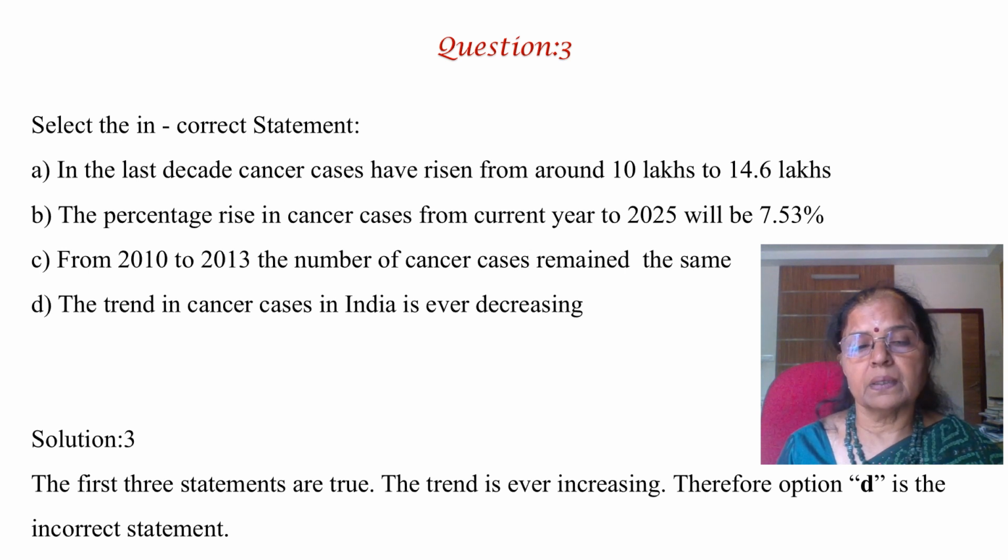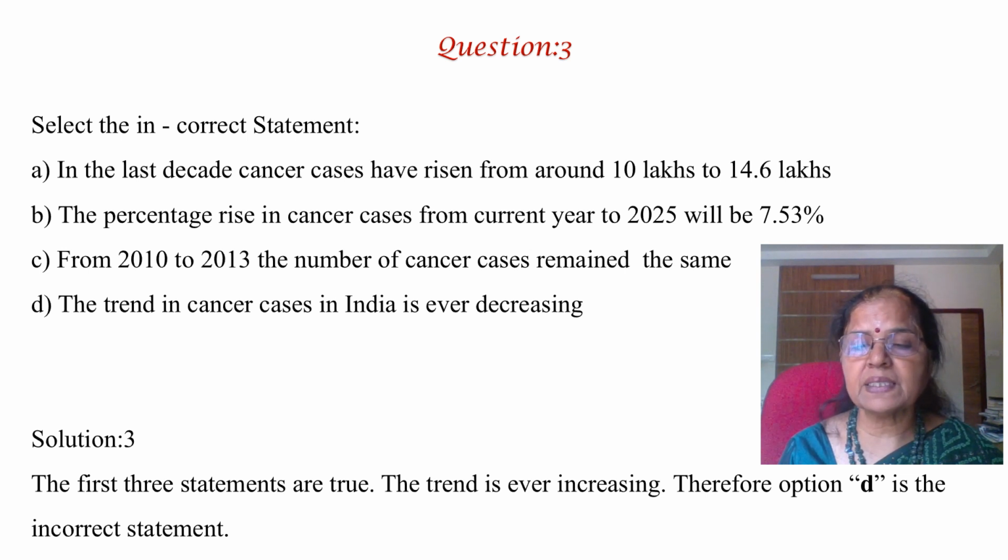So the second statement is also correct, 7.53, which we have already worked out. And the C statement, from 2010 to 2013, the number of cancer cases remained the same. Yes, it was 10 lakhs and 10 lakhs. Look into the year 2010, and against that you are seeing 10 lakhs, and again 2013, 10 lakhs.